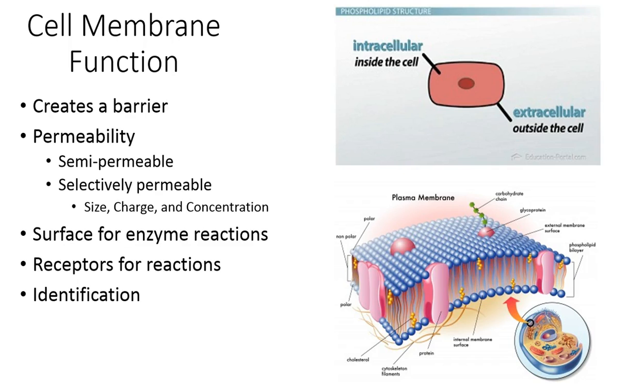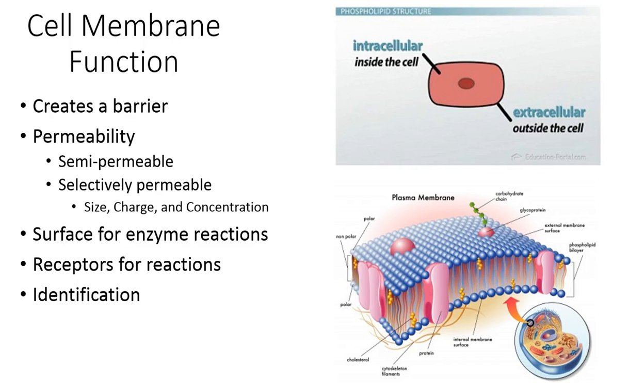That permeability is based on the size of whatever's trying to come through. Maybe it's the charge, whether it's positive or negative, or whether it's polar or nonpolar, or concentration. And I don't mean concentration as in focus. I mean concentration as in the amount of solute within a solution. That'll become important when we talk about cell transport.